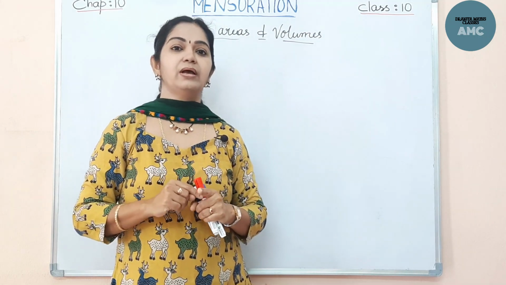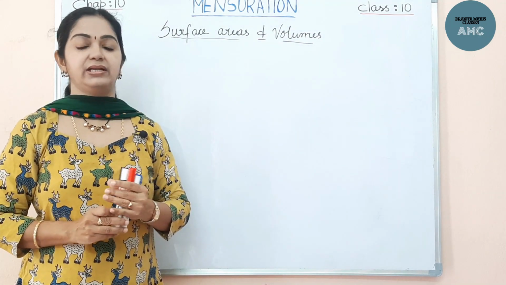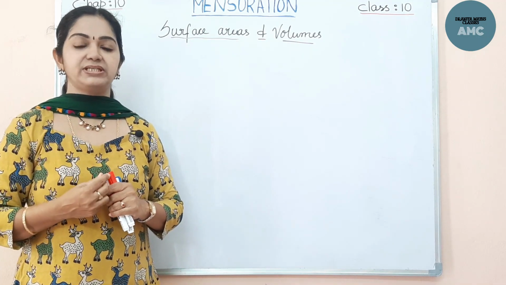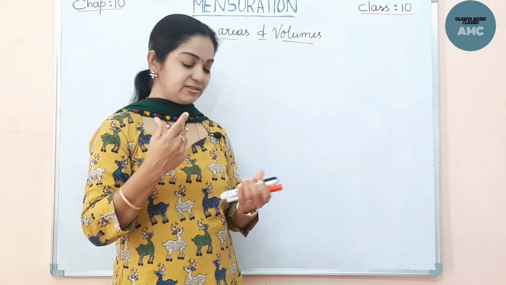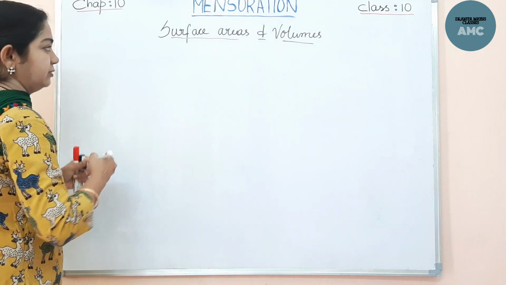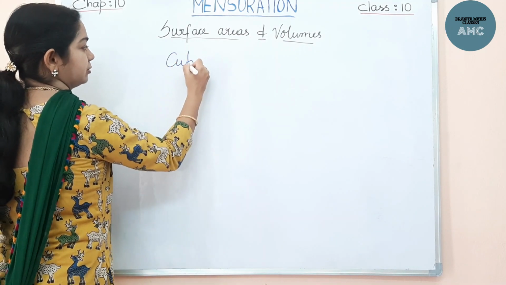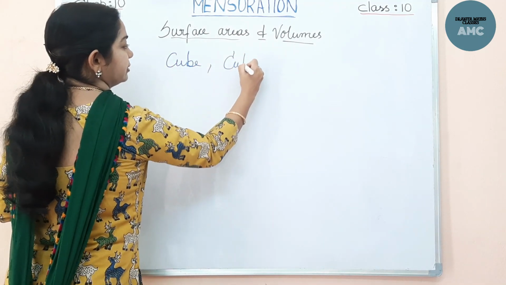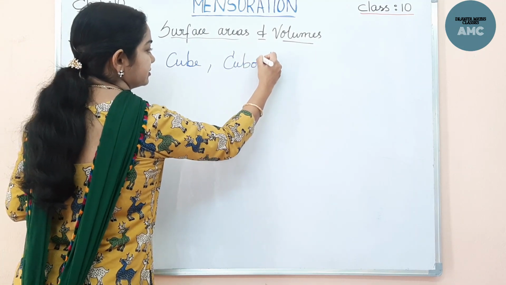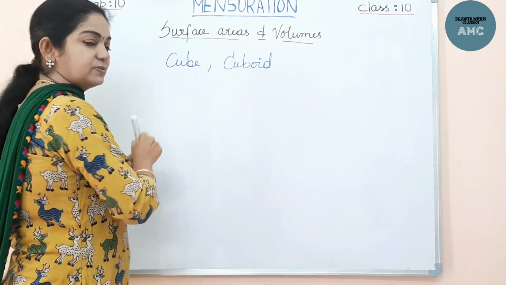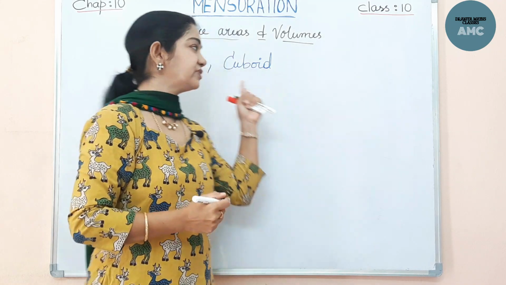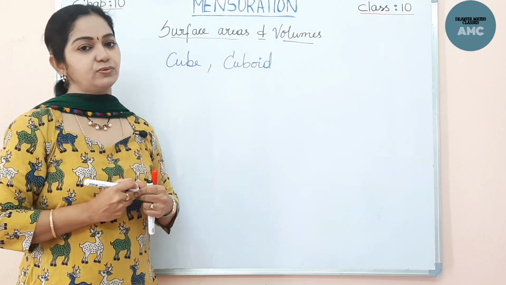And also let me recall that we have studied a few solid objects like cube and cuboid in the 9th class, their surface areas. The difference between a cube and a cuboid, their surface areas and the volumes also we have studied.